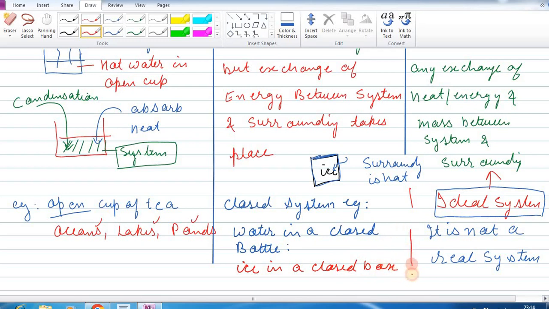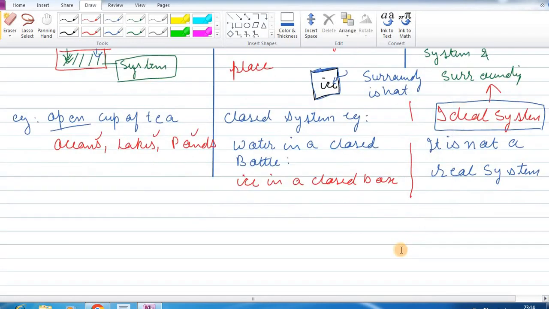Now an isolated system, we cannot really have an isolated system. Although if you talk about an isolated system, then the universe can be considered as an example of an isolated system, because in the universe we have covered all the things. The main example of an isolated system is the universe. Because we have covered everything in the universe, everything will be considered as the system.